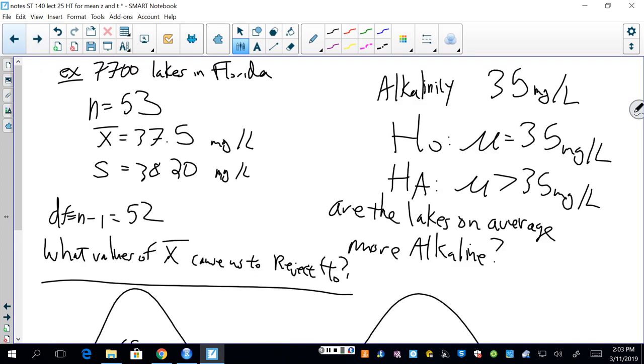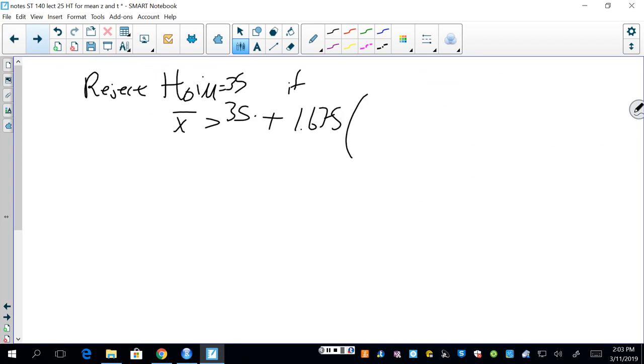And we use 38.2 and the square root of 53 there. So we're going to reject if x bar is greater than that.